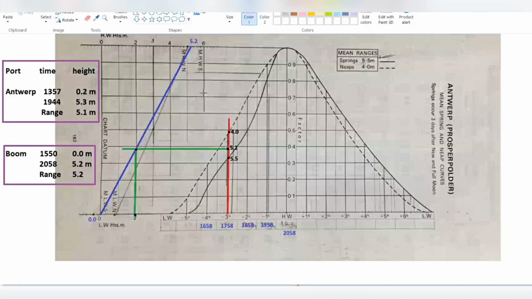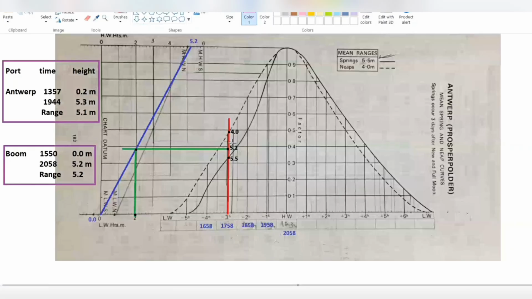Measure it in millimeters if you want, from the dot at 4 and the dot at 5.5. This millimeter difference is 1.5. So 1.5 is represented by so many millimeters. So we want 5.1, that means 1.1. So millimeters divided by 1.5, multiplied by 1.1. See how much you get in millimeters.